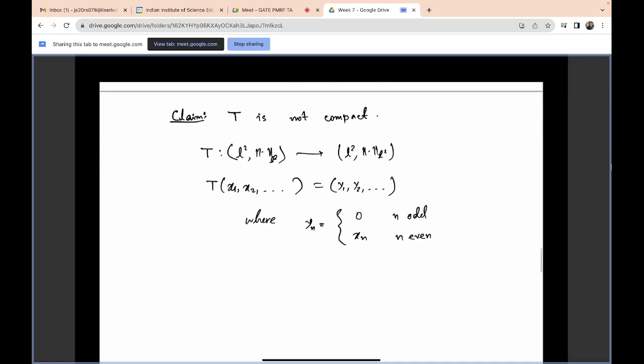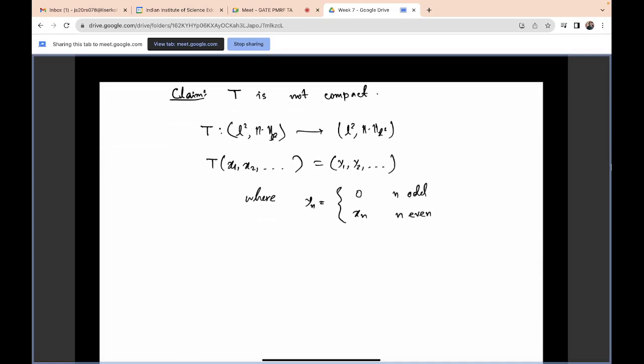So basically if you take any sequence, it will send it to 0 in the odd places, and to xn in the places where n is even.